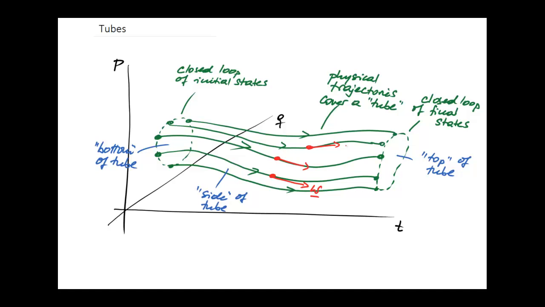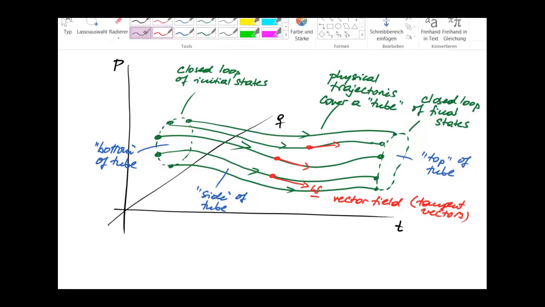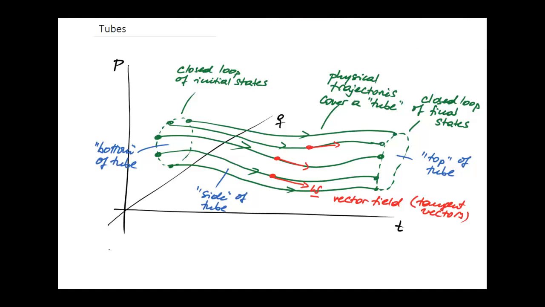And they form a vector field, which is generated by the physical trajectories. And remember the components of this tangent vector: the partial of H with respect to p, minus the partial with respect to q, and 1.